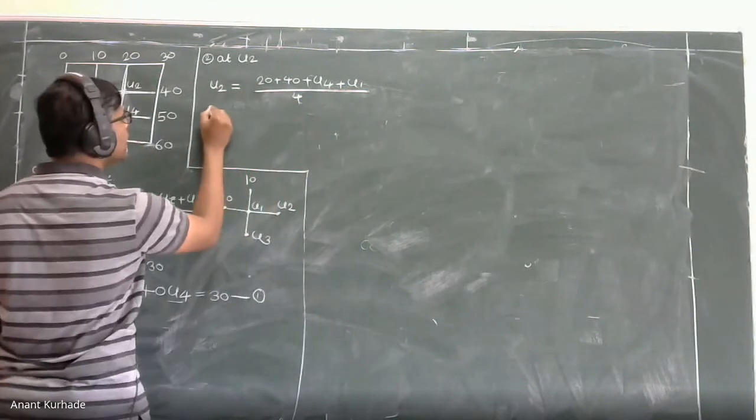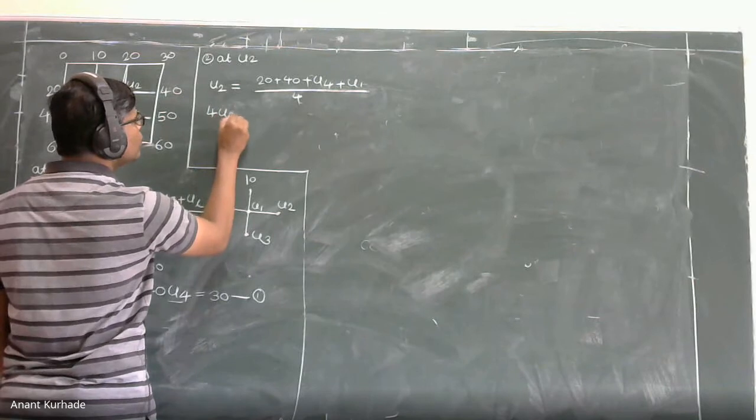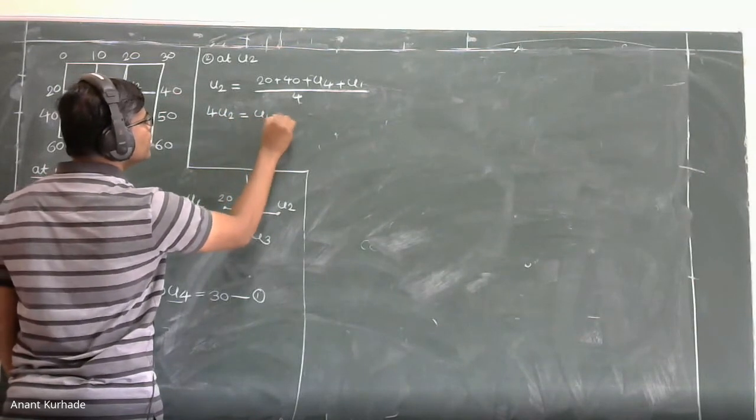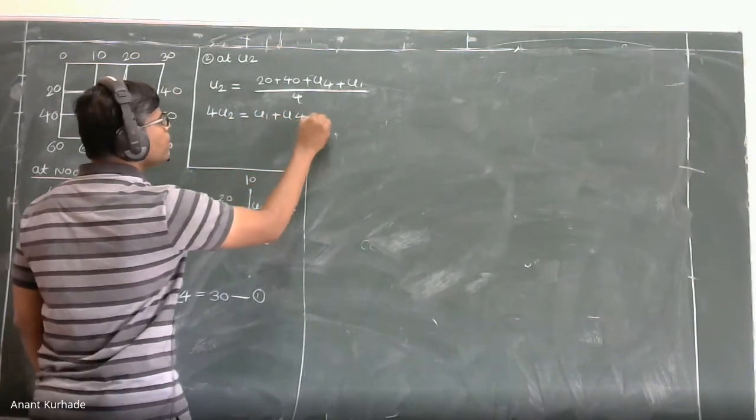Cross multiply: 4U2 is equal to U1 plus U4 plus 60.